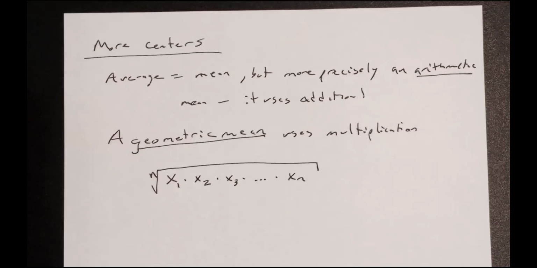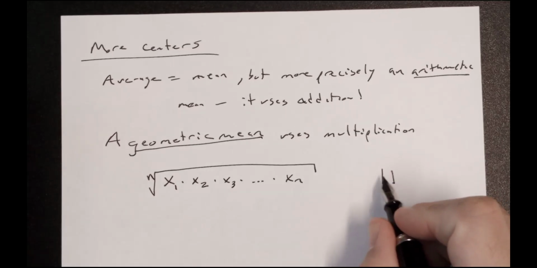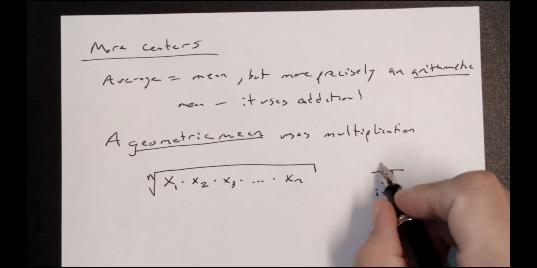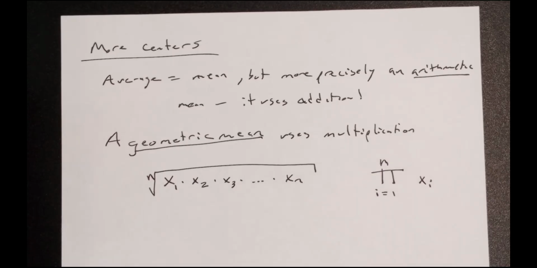What's the Greek letter for P? Oh, pi. We'll use a big capital letter P and take our index i, go from 1 to n. So this says keep sticking the numbers on and keep multiplying. Multiply the first number, multiply the second number, multiply the third, just multiply over and over. This is short for this multiplication.